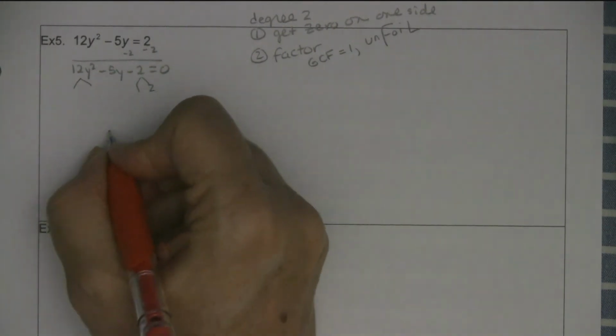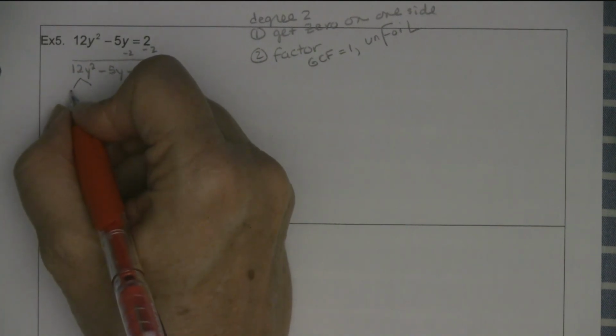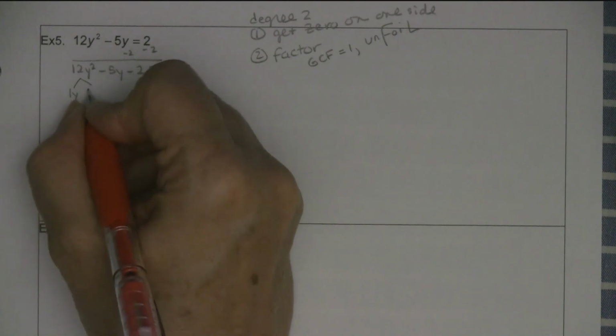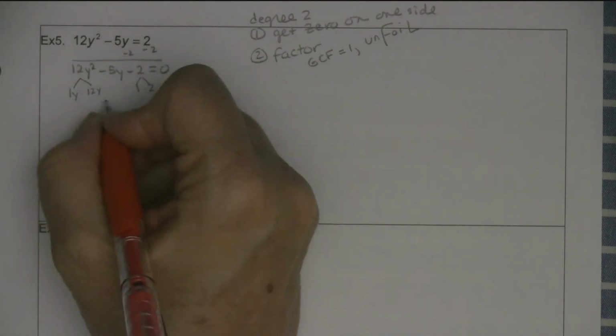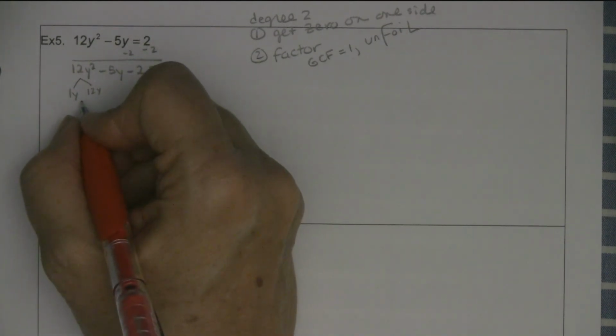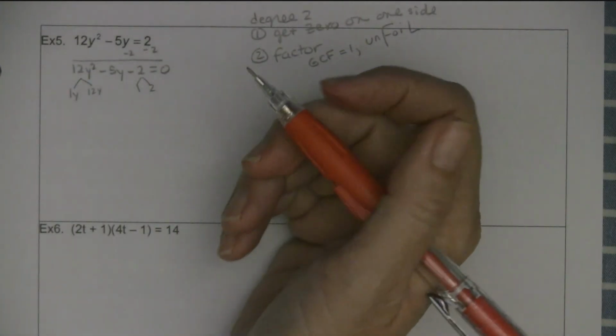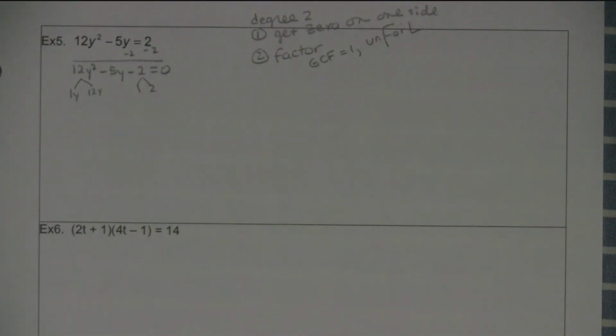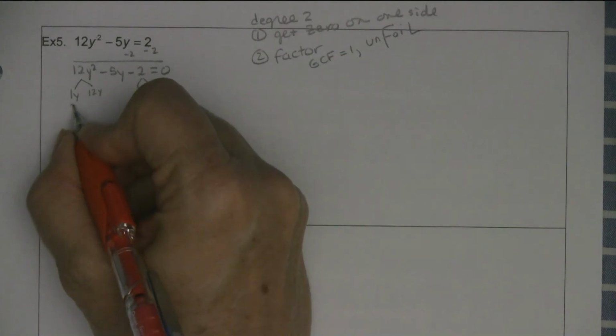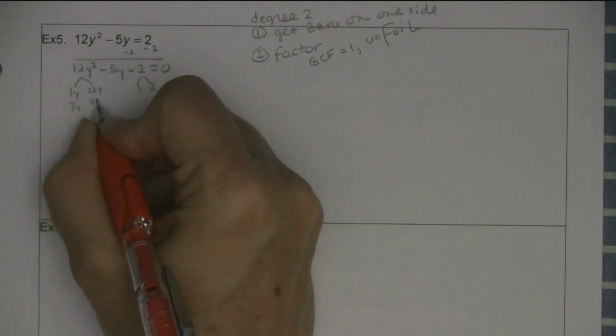1 times 2 is 2. And to make 12, it could be 1y and 12y. It could be 2y and 6y. It could be 3y and 4y. And I don't have to list them all. I only have to list what I plan on trying. And so I'm thinking I'm going to try 3y and 4y first.